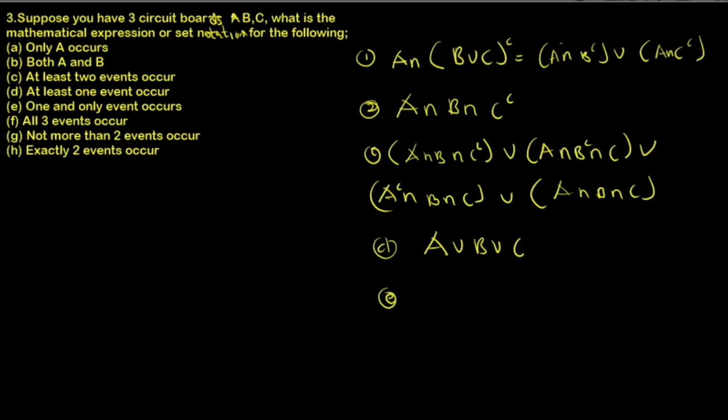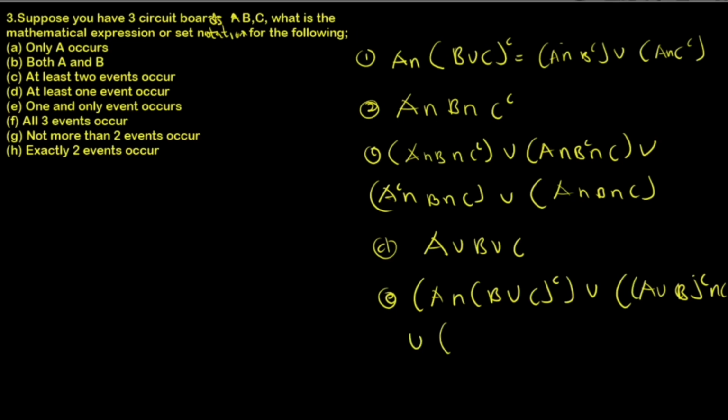In that case, we could have some possible solutions, which would be A intersection (B union C) complement, then union (A union C) complement intersection B, union (A union B) complement intersection C. Because with this question, they ask us for one and only one event.